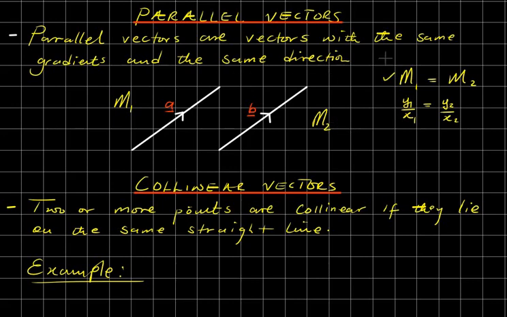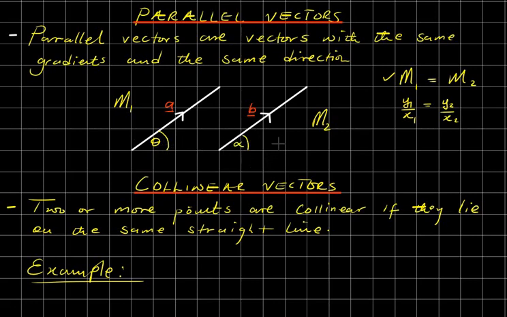Then they must be in the same direction. Now, you know what gives the direction of a vector: it is the angle, theta. If these two vectors are parallel to each other, then what gives them the direction is the angle, and that angle must be equal. Let's say that here the angle giving the direction is theta, and right here the angle giving the direction is alpha.